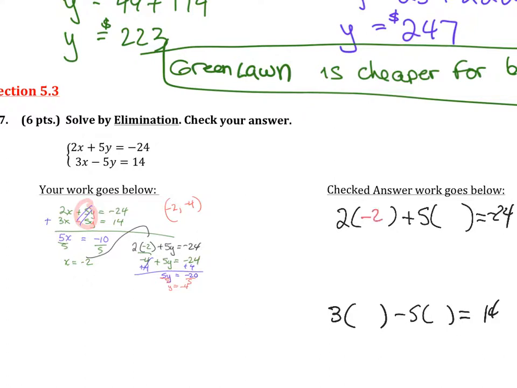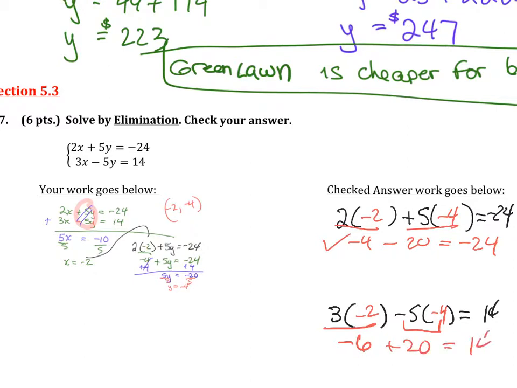I'm going to plug negative 2 and negative 4 into x and y. And I get negative 4 minus 20 is equal to negative 24. Yes. Negative 6 plus 20 is equal to 14. Yes. So I know that my answer is negative 2 comma negative 4.